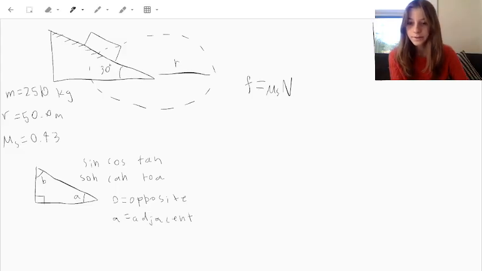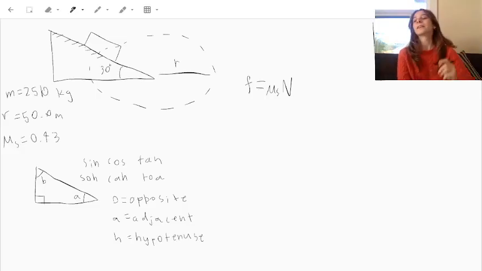And H means hypotenuse. My drawing tablet has some lag, so my handwriting's pretty bad. But here we go. This is our hypotenuse. It's always going to be that. But the opposite side for angle A is going to be this side over here. But for angle B, it's this side over here. So it all depends on the angle we're looking at.